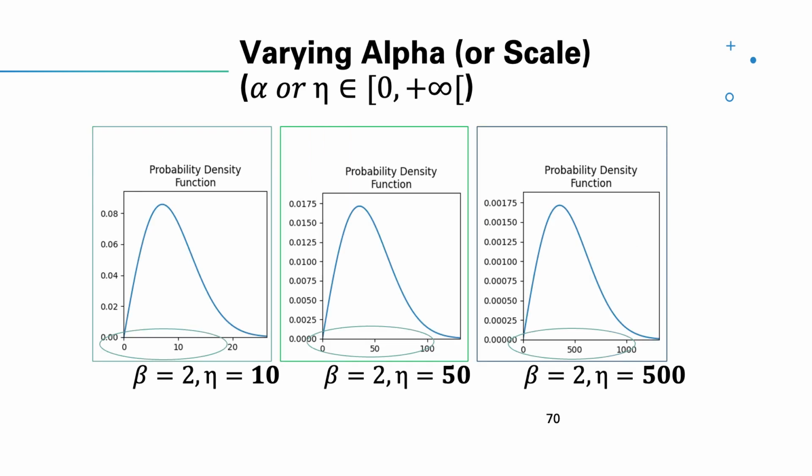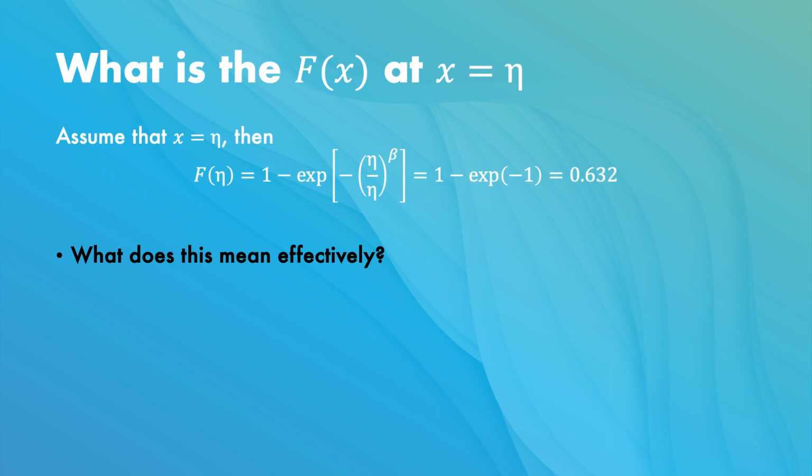We can also vary the scale, and essentially it doesn't change the shape of the probability density function, but it changes the range of numbers that it covers, the sample space. A final result that I would like to discuss is what happens when the failure function is set at the scale parameter.